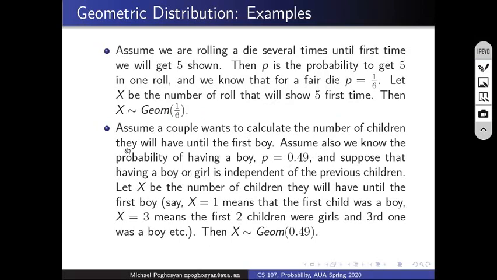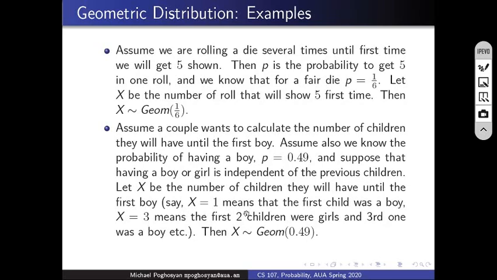Another example concerning the geometric distribution is the following. Assume a couple wants to calculate the number of children they will have until the first boy. Assume that we know that the probability of having a boy is this much. And suppose that having a boy or girl is independent of the previous children. So we need to use that independence to have the geometric distribution. Okay, let X be the number of children they will have until the first boy. So X is 1 means that the first child was a boy.